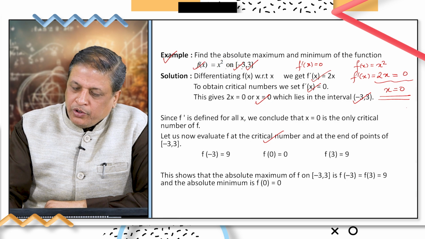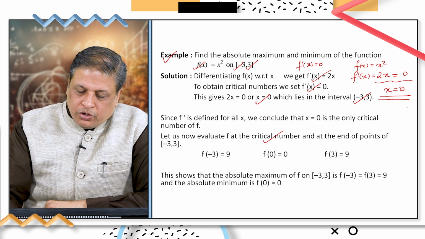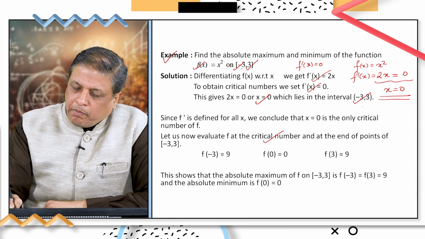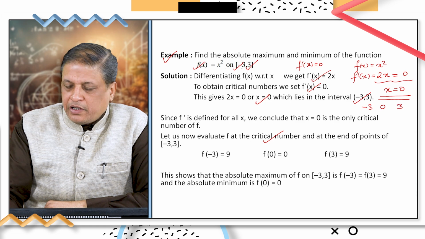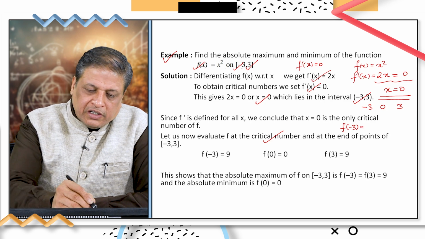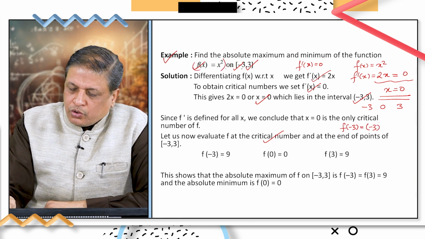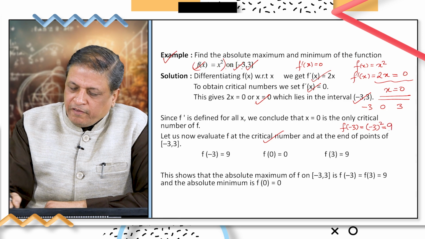Let's evaluate the function at the extreme values and at the critical number also. So, extreme values are -3 and 3, and the critical number is 0. The value of the function at -3, because f(x) is equal to x square, will be (-3) square, so this will be 9.